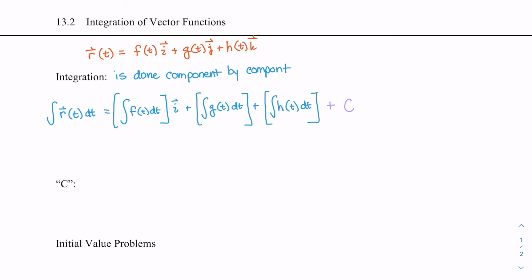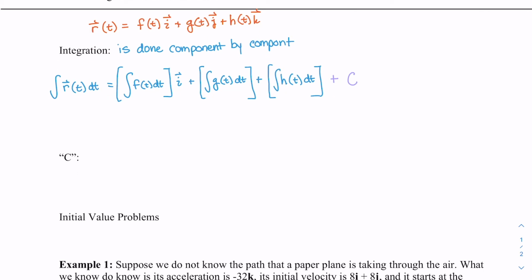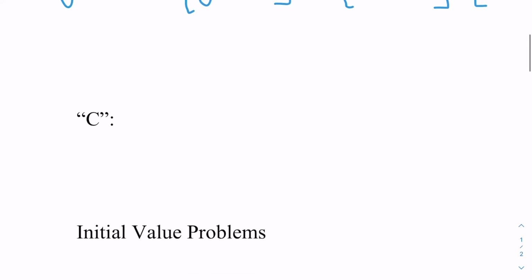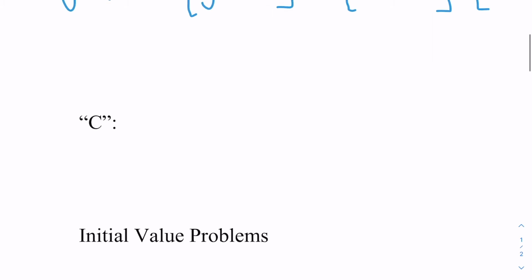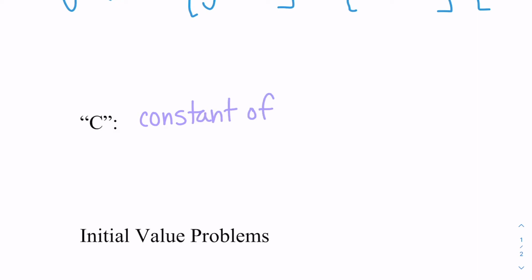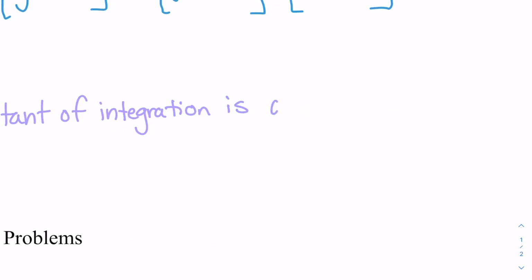And so one thing that is a little different with these vector valued functions is that because you're not integrating scalar functions, you're integrating vector functions, the constant of integration that you add onto the end is a little bit different. So instead of the constant of integration being a scalar, it is now a vector. The constant of integration is also a vector.